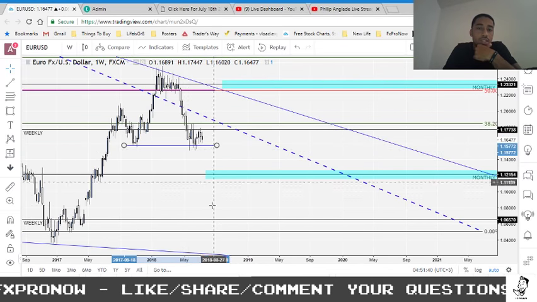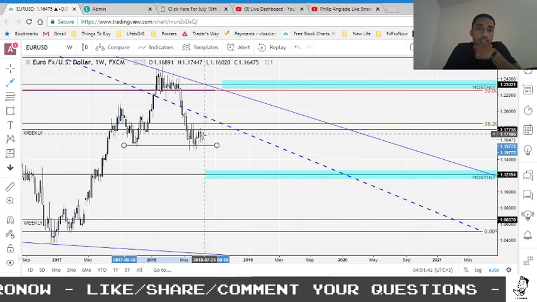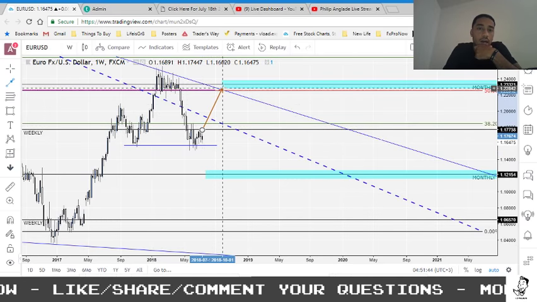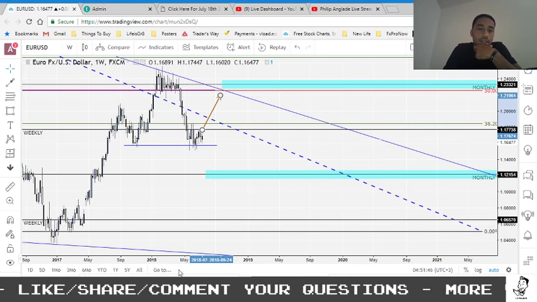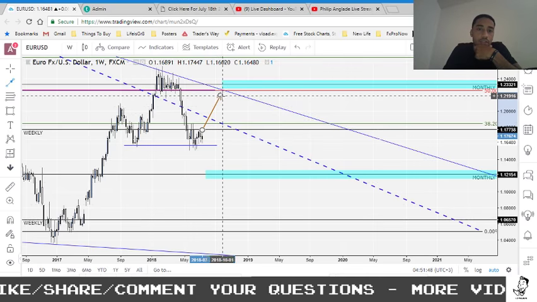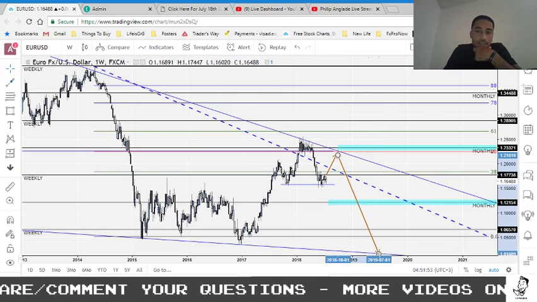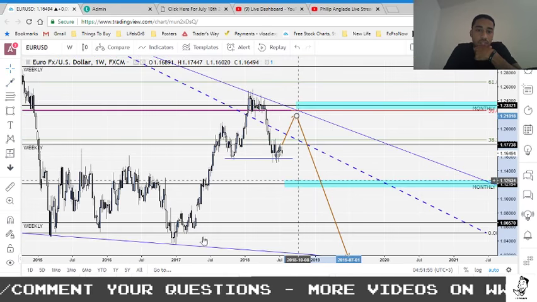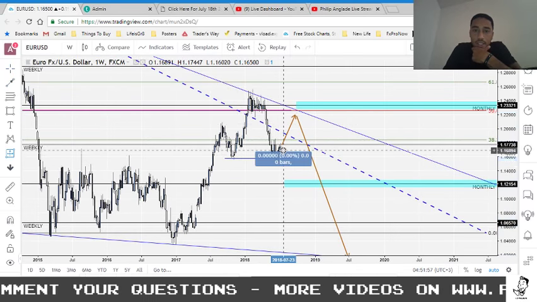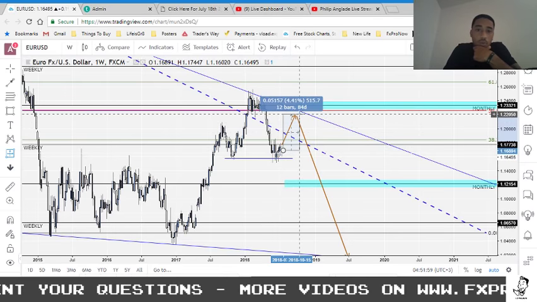So there's either two things that can happen. The first thing is it could probably head up to this trend line right here and then drop to that trend line right there. And I'll show you, remember we're on a weekly.